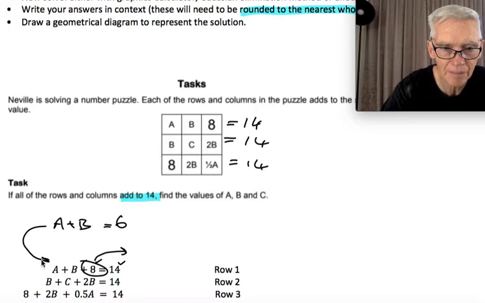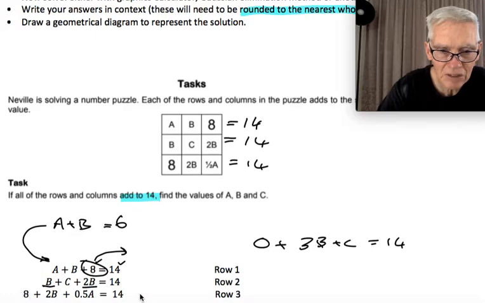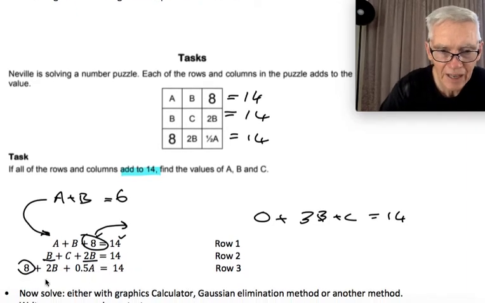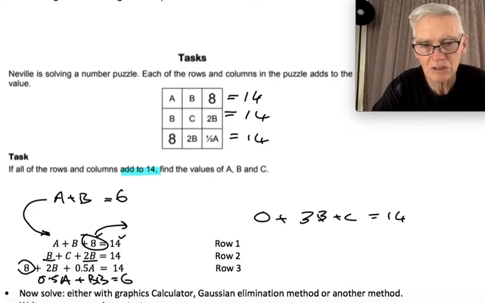For the second equation, we've got B and we've got 2B here, so we can just write that as 3B plus C equals 14. You've got 0A if you wanted to put that in there. And for the last one, again, take this 8 to the other side, making it minus 8, so that would be 0.5A, put your A first, plus 2B, and there are no C, equals 6. 14 minus 8 is 6. Then go ahead and solve it.